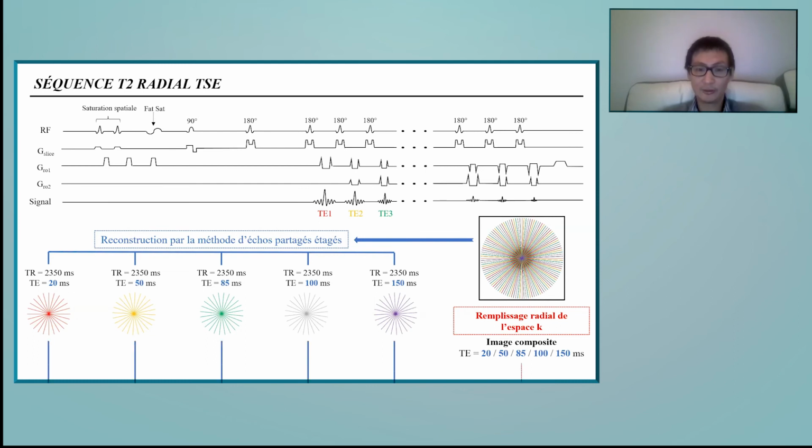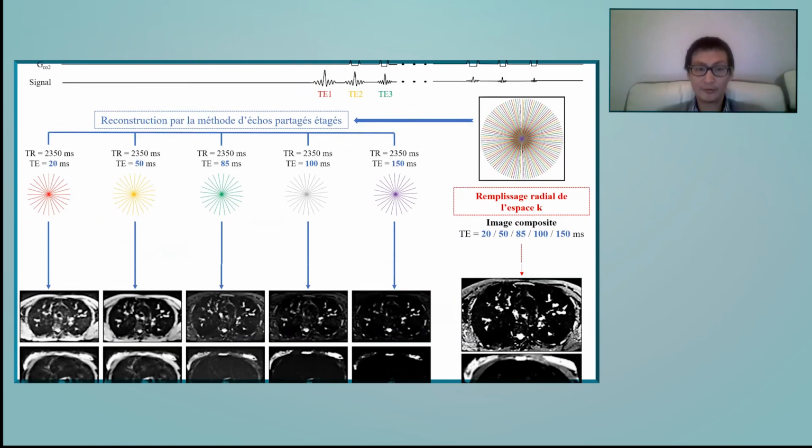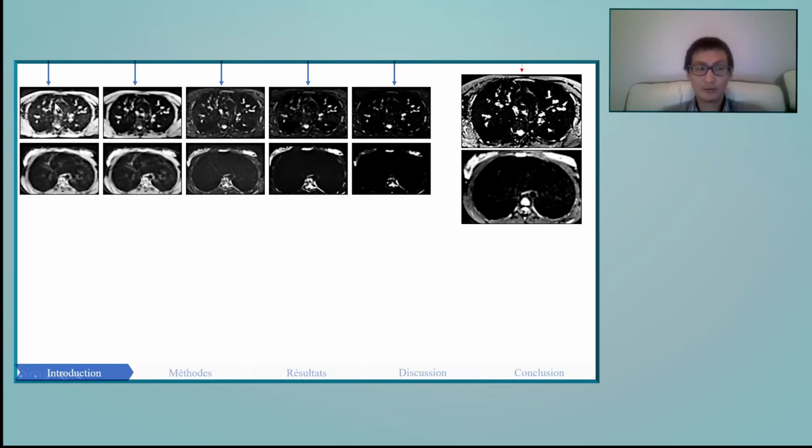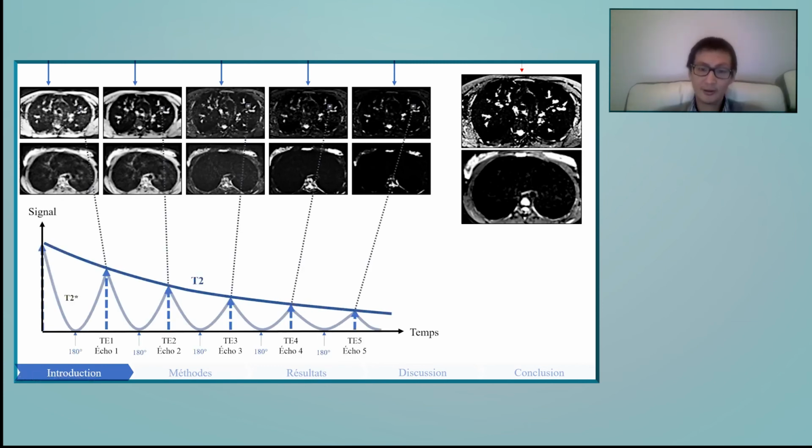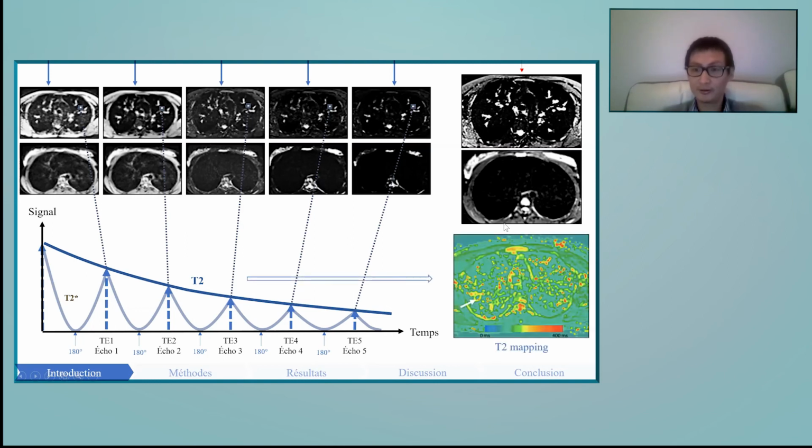And because we are able to reconstruct these TE values, we are able to reconstruct the corresponding images, and then to calculate with the classic equation the T2 value, and from the same k-space acquisition to reconstruct a T2 mapping of the lung.